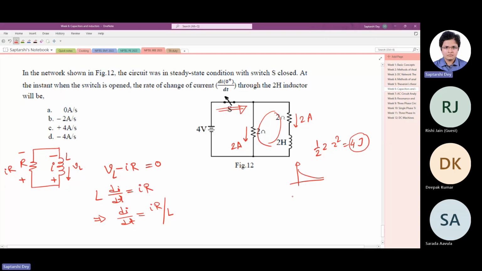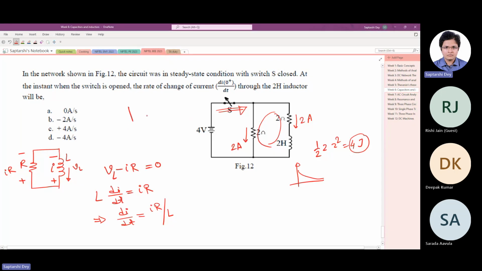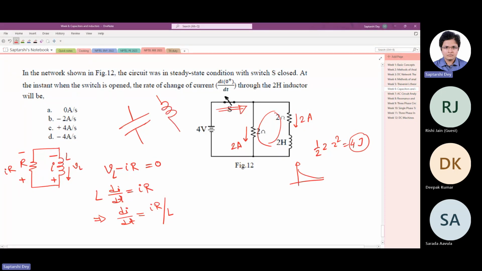Here we have been asked to find out the rate of change of current right after the switch is opened. Exactly like a capacitor voltage cannot change instantly, an inductor current cannot change instantly. Capacitor current can change instantly. Capacitor can withstand sharply changing currents, but it does not allow sharp change of voltage.